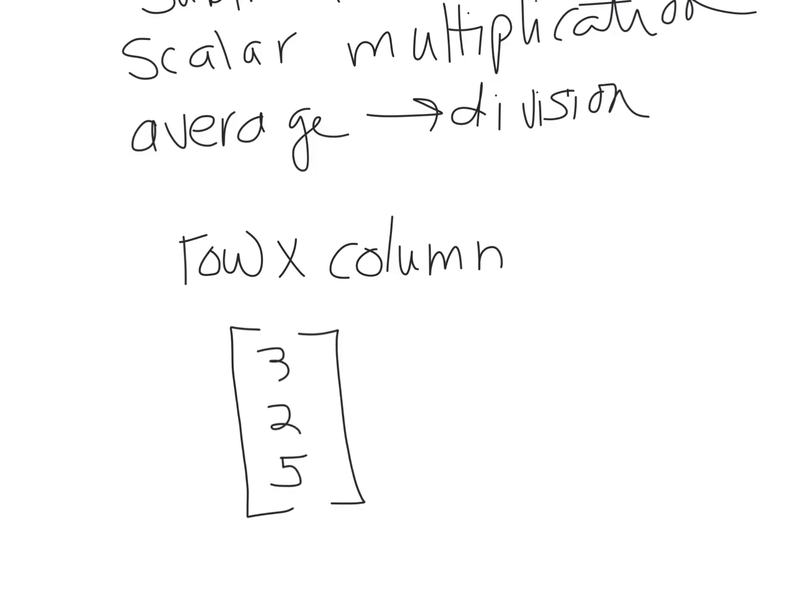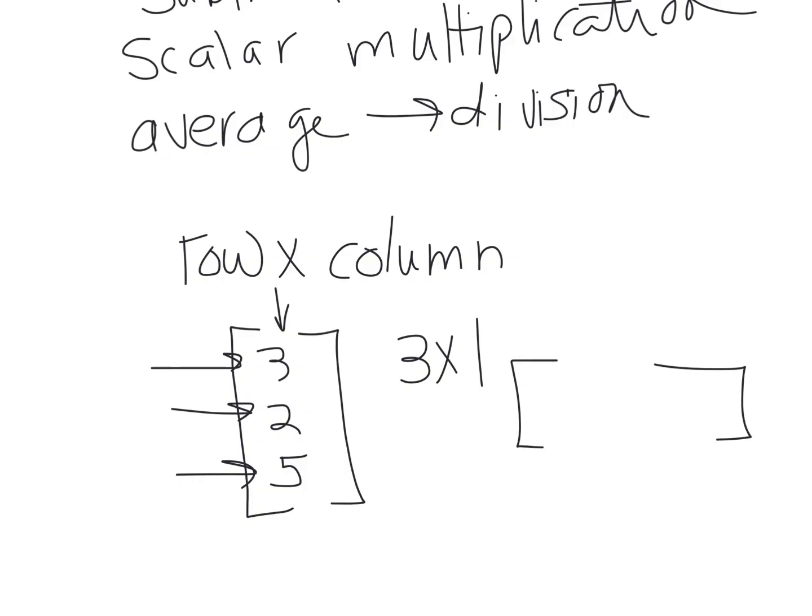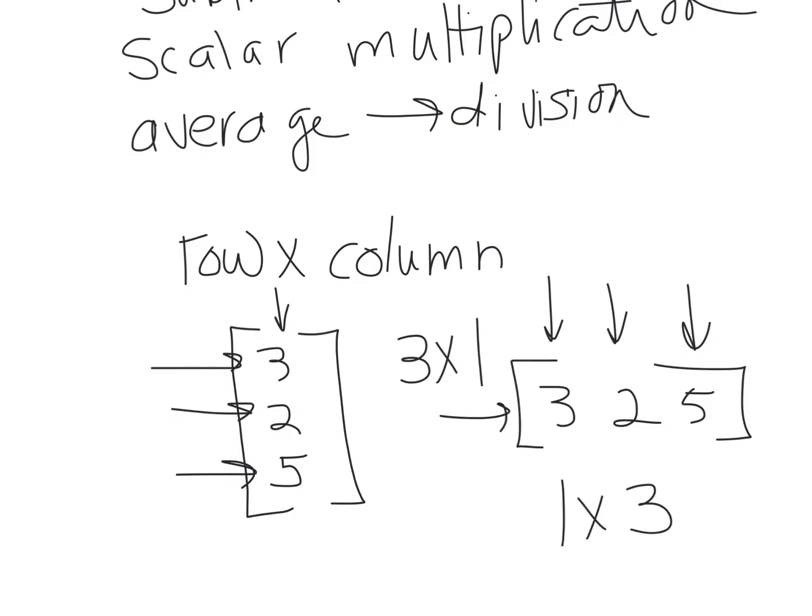So in this case, we have 3 rows and 1 column. So we would have a 3 by 1 matrix. Now, what if we reverse those? What if we had 3, 2, 5? In this case now, we have 1 row and 3 columns. So we would have a 1 by 3 matrix.